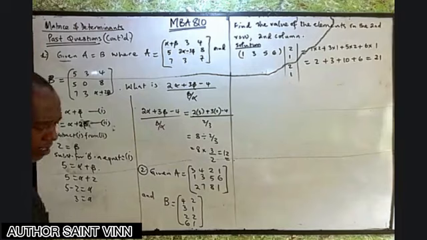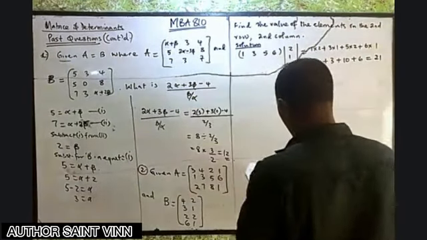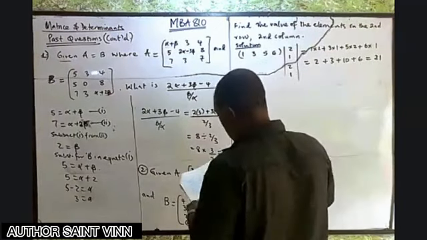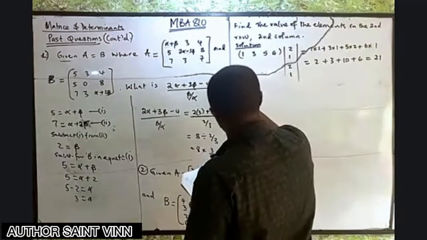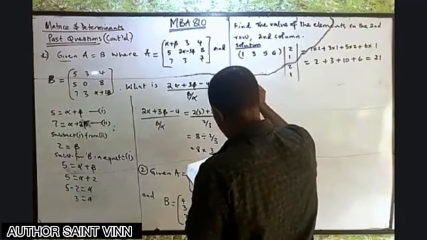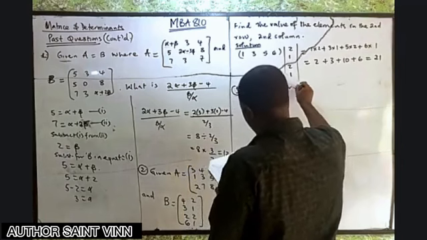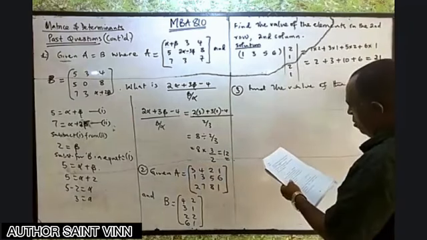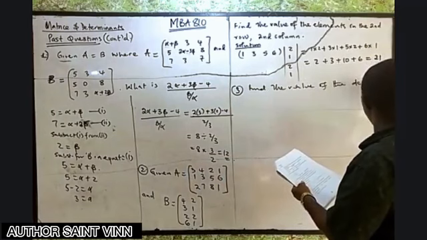Even by looking at this first one, there's something I want to show you. But let me go to number 3 here and show you something I want to explain. For this number 3 on the board, we should find the value of the determinant, which I know they all know.